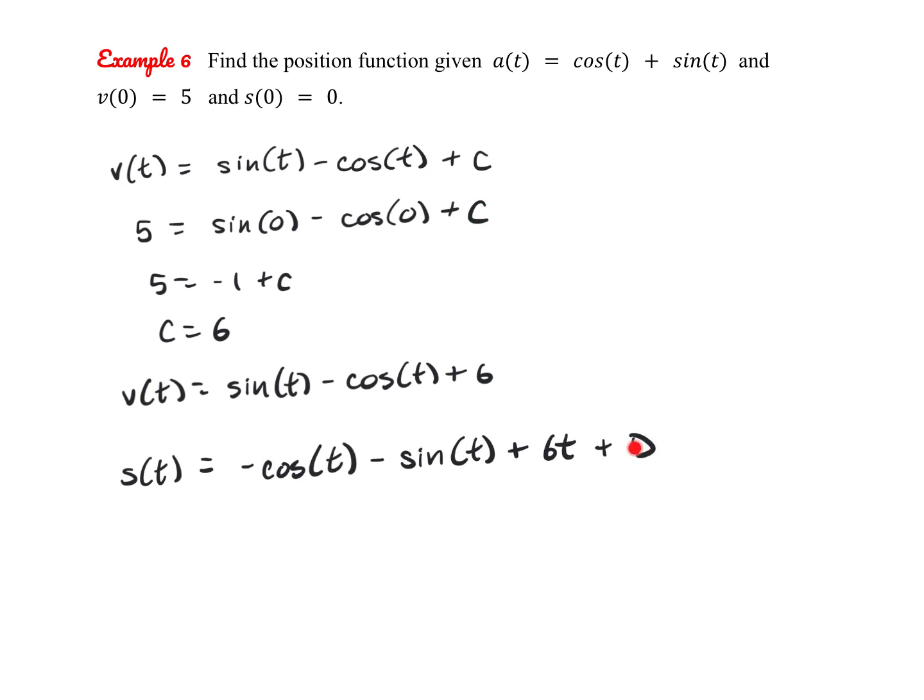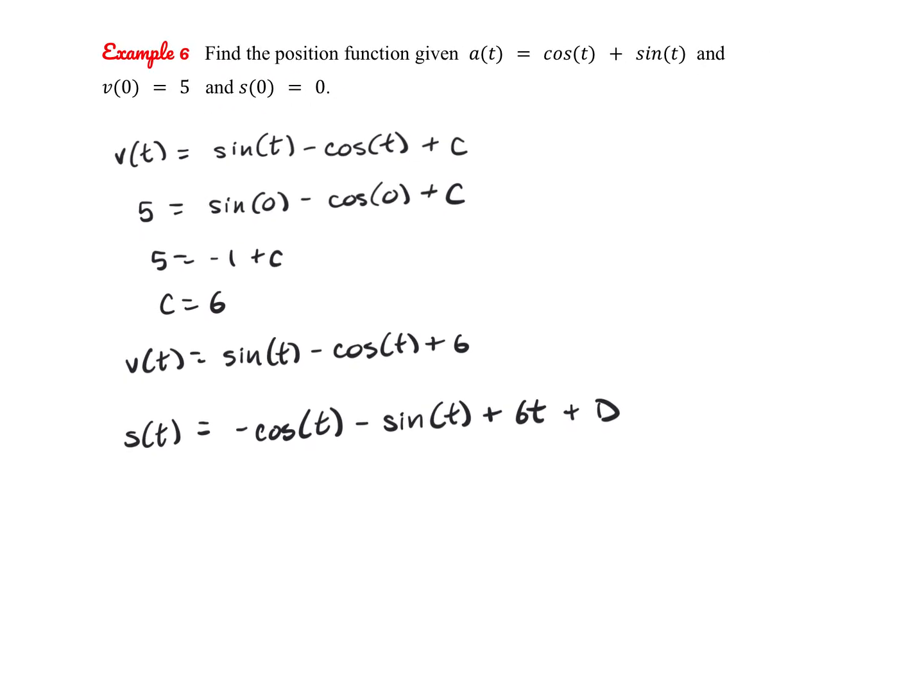I'll call it d. Now we do have an additional piece of information about our position function, so we can substitute that value to help us solve for d. 0 plus 6 times 0 plus d.